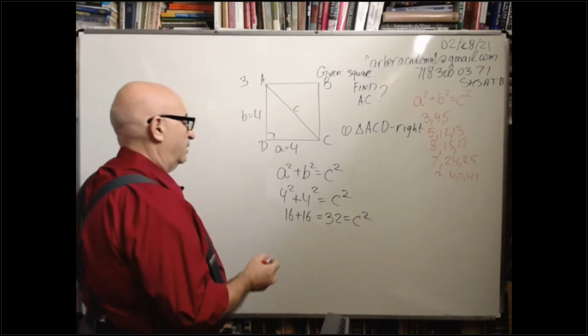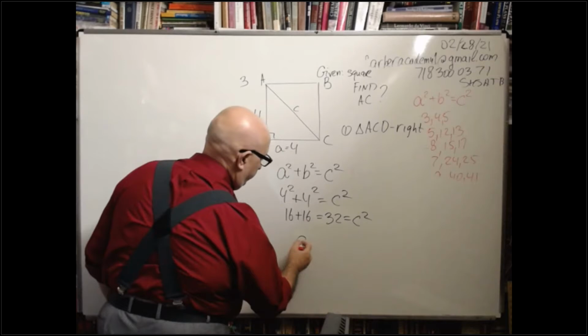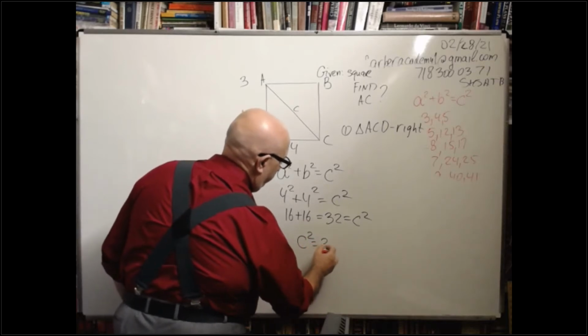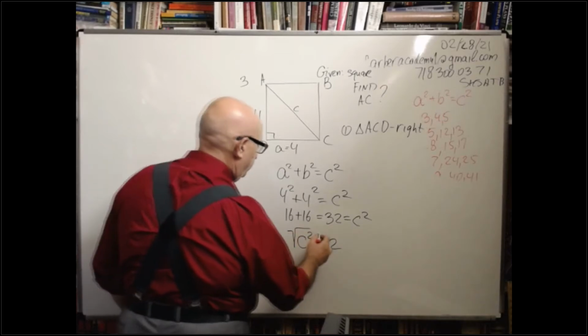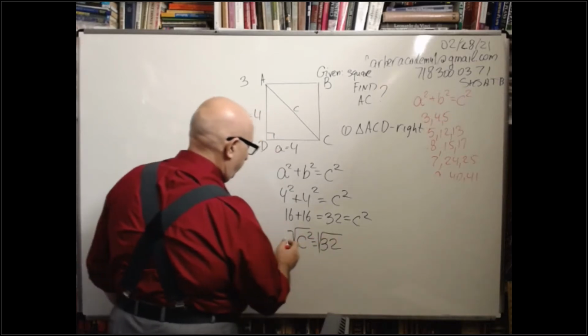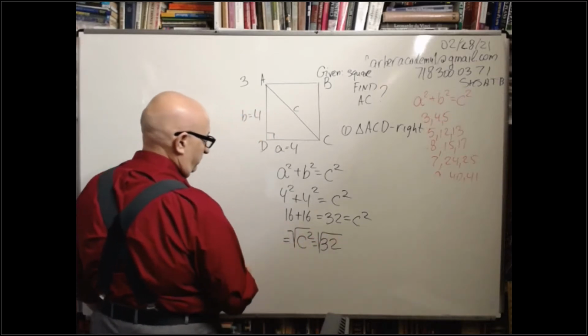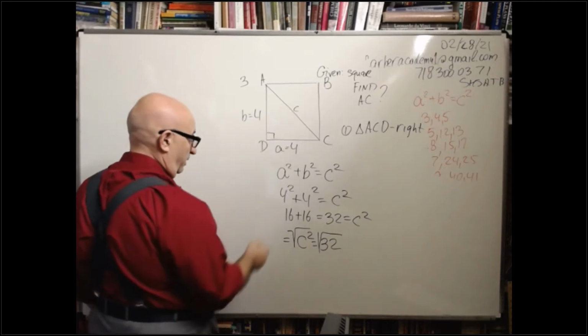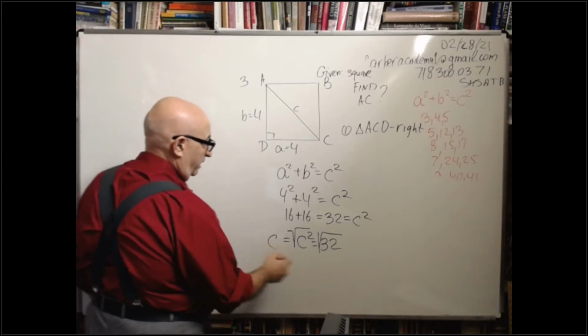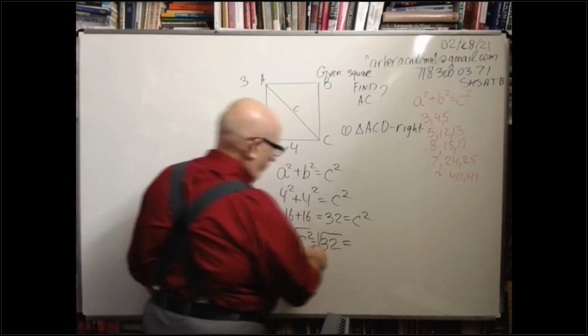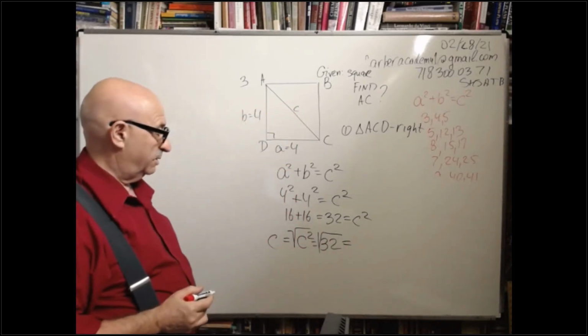Let me write it in a convenient way. C squared equals 32. Take the square root of both parts. The square root of c squared is c, or you can use x, whatever you like, or d for diagonal. But you never find this in multiple choice.